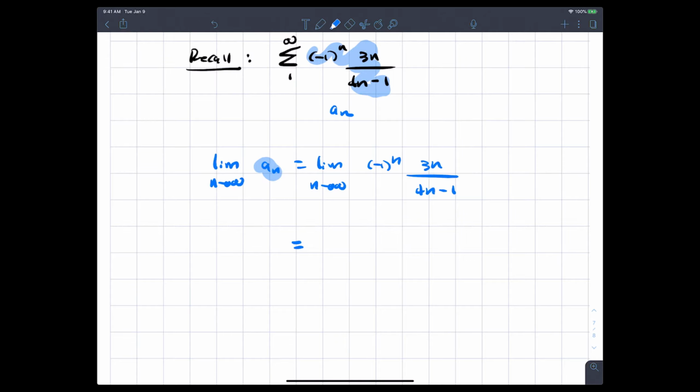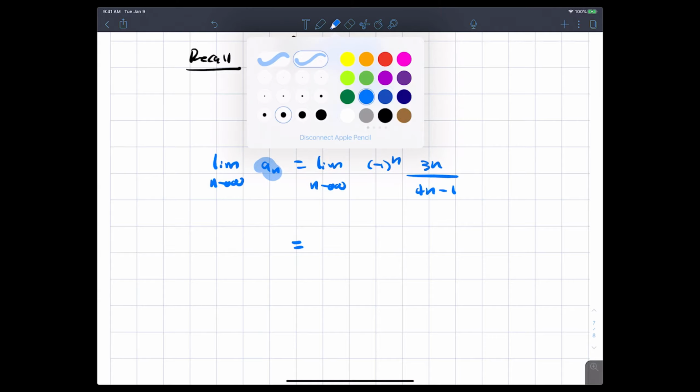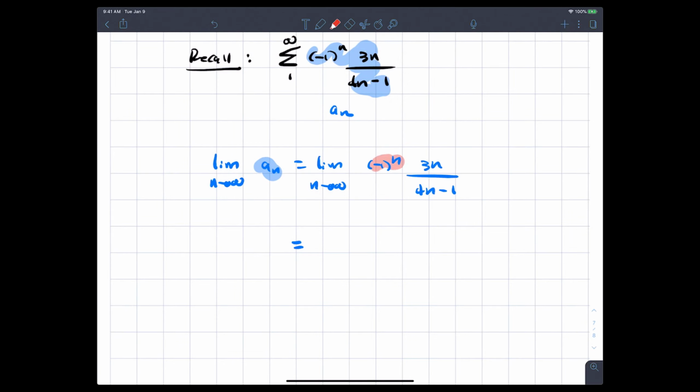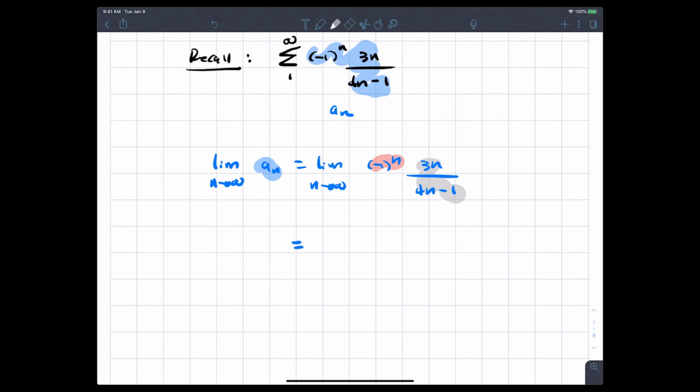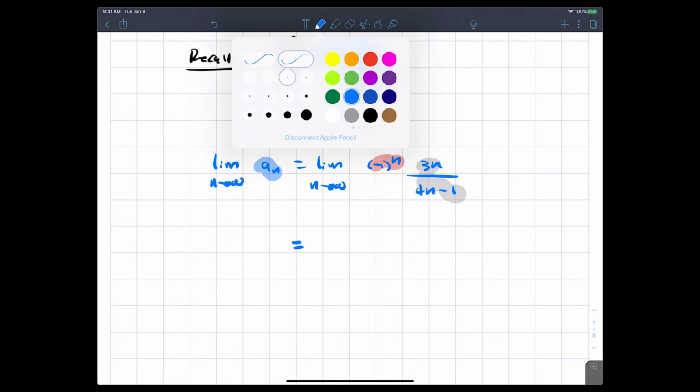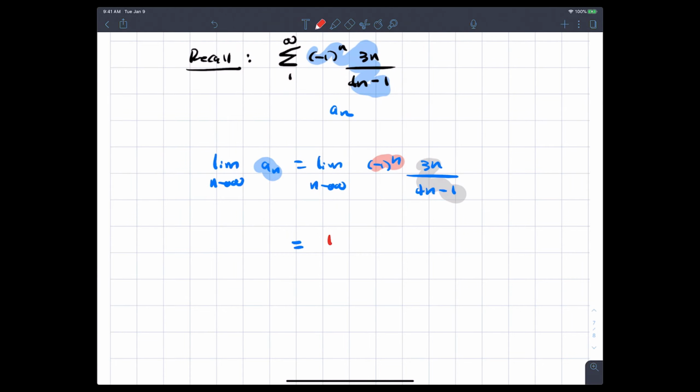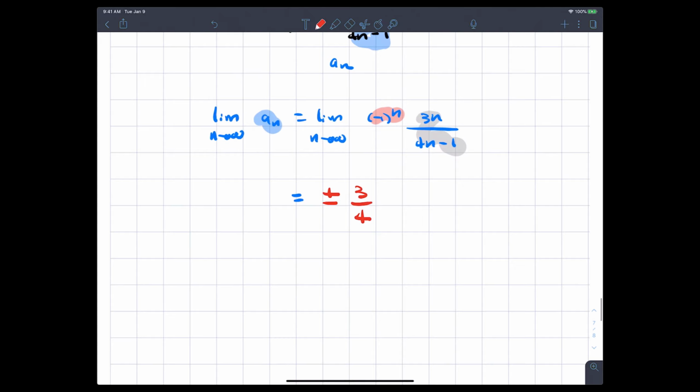What I know is that the alternating portion goes to plus or minus 1, but I also know that this portion here goes to 3/4, so that my limit is plus or minus 3/4. Now, this is a very big deal. And you say, why is that a big deal? Because I'm showing that the limit of an does not exist.